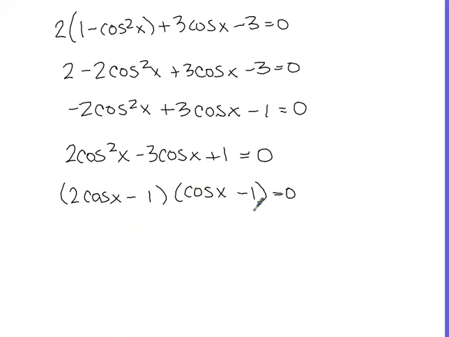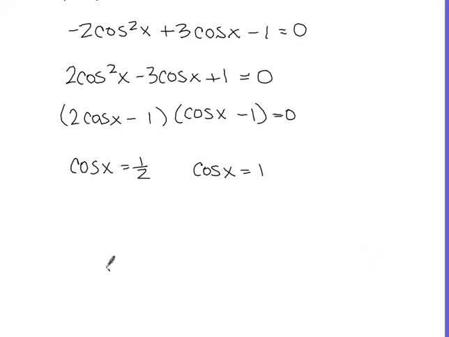If you need to change this to just be 2x squared minus 3x plus 1 so that you can factor, that's fine. If you need to factor the long way, that's fine, but I'm going to skip those steps. Now we just solve. So I get cosine of x equals 1/2, and cosine of x equals 1.